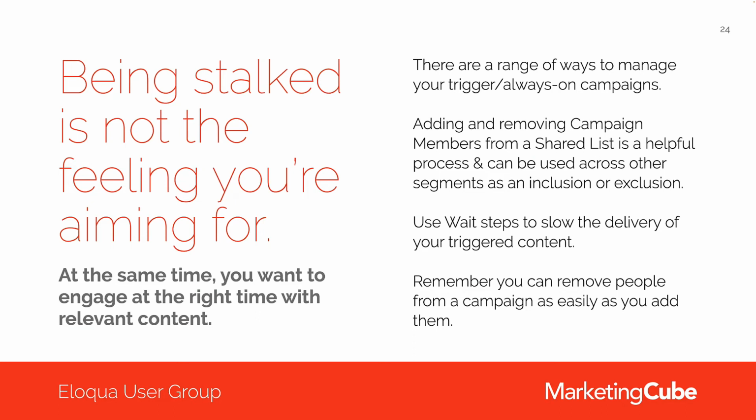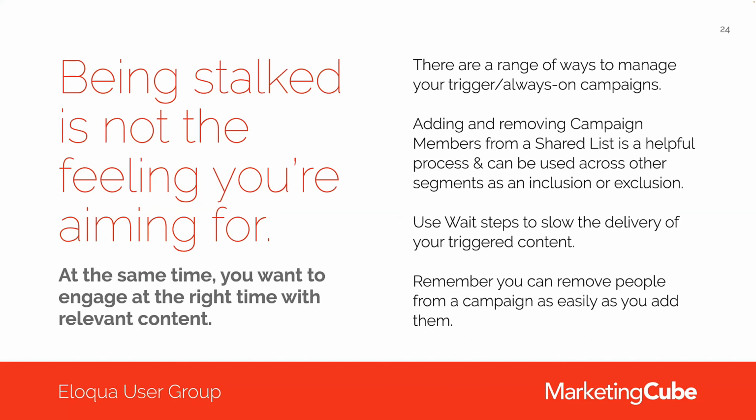But there are a range of ways that you can manage your triggers and your always on campaign. We've looked at some of those just a moment ago. I talked about the shared list and how the shared list can be a really helpful way for you to manage where people are and which campaigns they're in. So those shared lists, for instance, like the one I just shared with you, how when people join the user group, we then drop them into an onboarding campaign, welcoming them to the user group and explaining how it works, what we do, all that kind of fun stuff.